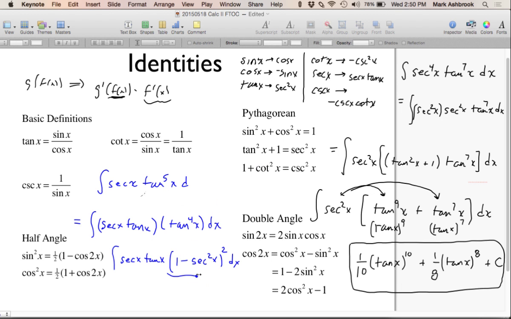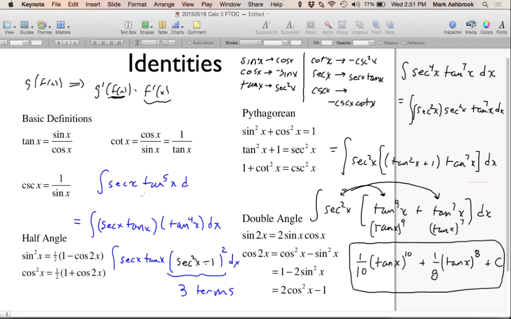That will give 3 terms. So tangent to the 4th becomes secant squared minus 1, quantity squared. That will give us 3 terms: secant to the 4th, minus 2 secant squared, and then plus 1.